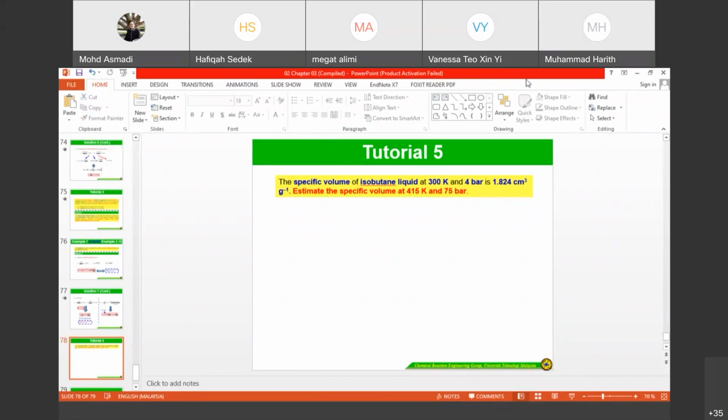It's given T1, V1 liquid is equal to 1824, T1 300 Kelvin, and P1 4 bar.